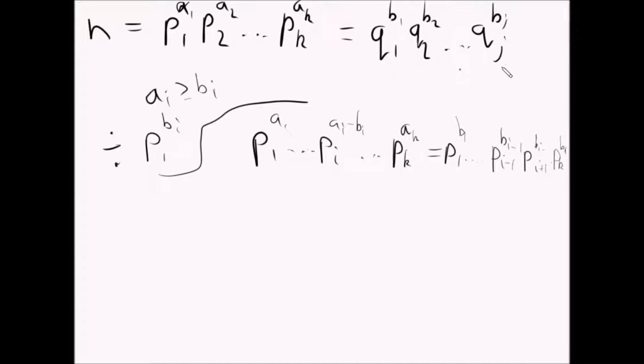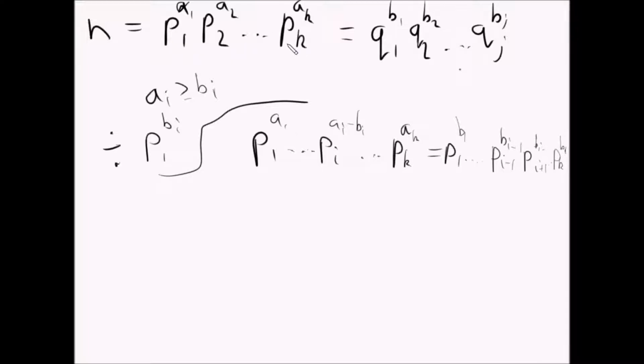The number of factors for one thing, i.e. the maximum value j or k, must be equal, and the order that they come in must also be the same. So p1 must be less than p2, must be less than, and so on up to pk.